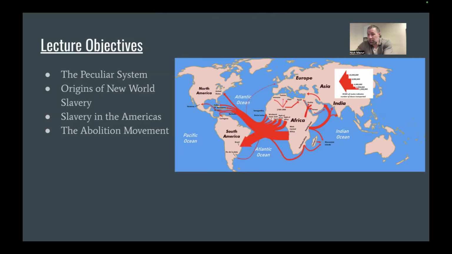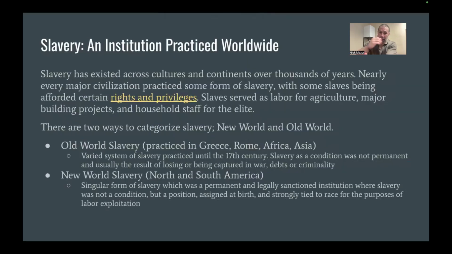We're going to look at the factors that really created what is called New World slavery, the one that most of us learned when we were in grade school or high school, specifically the type of slavery that develops in the Americas. And then we will take a look at the abolition movement and the factors that contributed to the eventual ending of slavery in North and South America. Okay, so let's go ahead and get started.